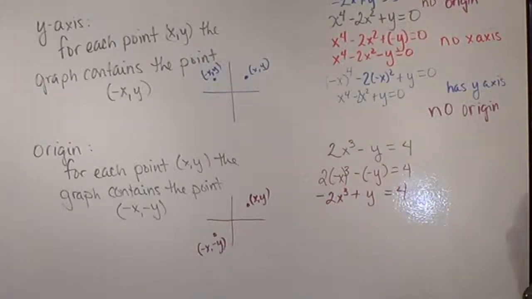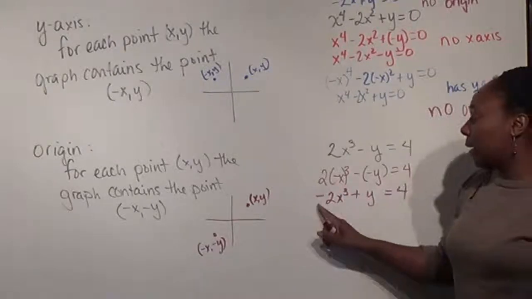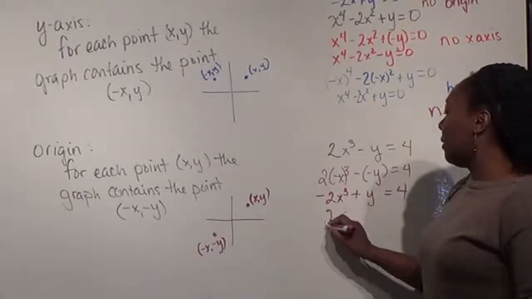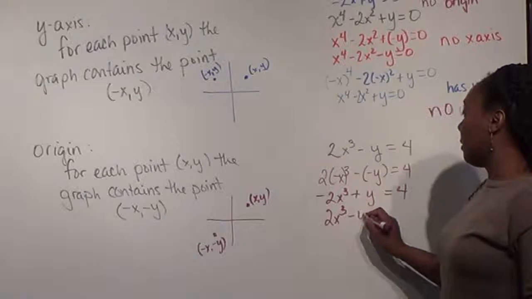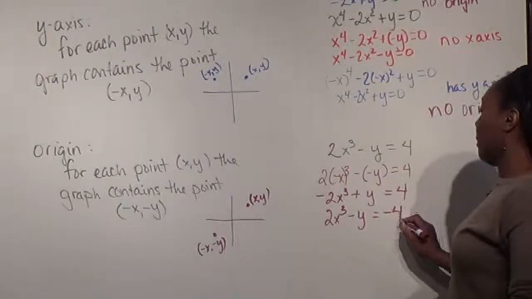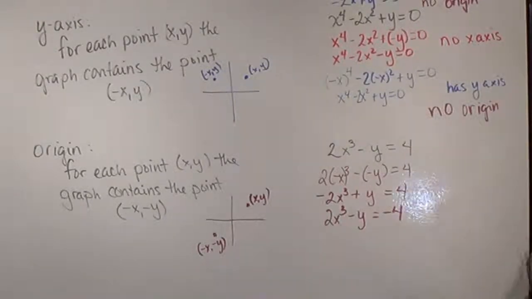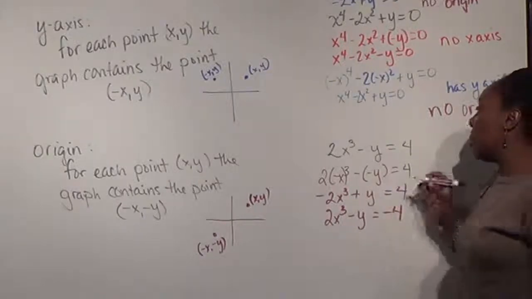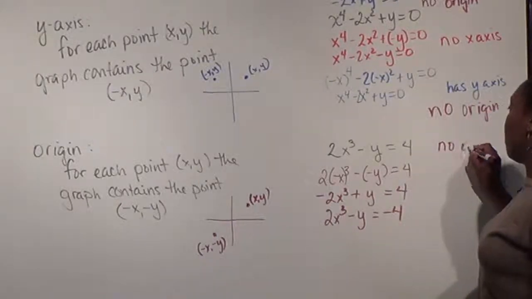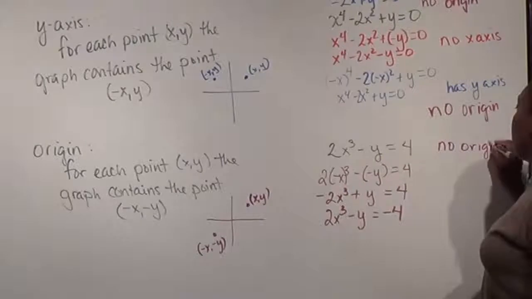Okay. And it almost looks like I should have origin symmetry. But what you'll notice is when I go through with that negative, I end up changing the sign over there. Okay. So this one does not have origin.